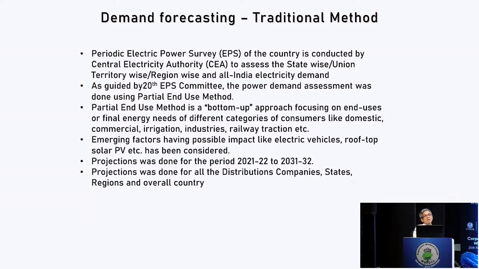Region means, say, for the Eastern region, West Bengal, Bihar, Jharkhand, Odisha, etc. form a region. There are 5 regions in the country, and for the entire country. So this exercise is done by CEA at a regular interval. Last time it was done for the projection for the period financial year 22 to 32.